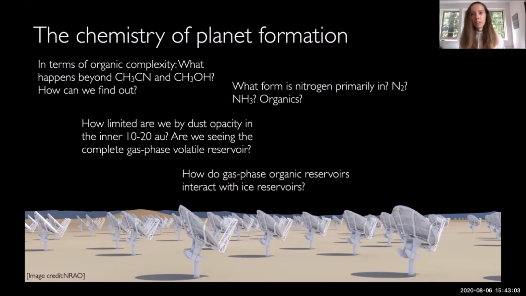Yeah, that sounds great. So here's a question that a few people have given a thumbs up to. Can these chemistry and dust substructures combined together be helpful to distinguish the mechanisms for the generation of the structures? I hope so. In addition to that, the chemistry is, I think, really important for its own sake.